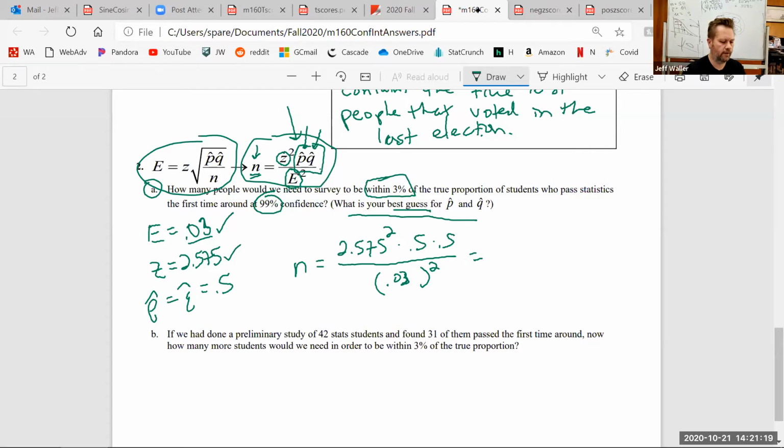What do you guys get for that? 1841.84. Yeah, 1841. Sounds like a history quiz. So we always have to take that and round up because I don't want to chop people up into little tiny 0.84 bits. So let's round up to whole people, right? I don't want to create a bunch of little Dexters running around.